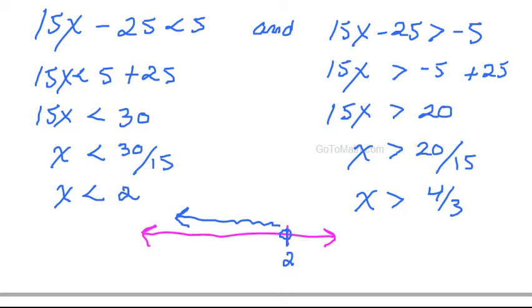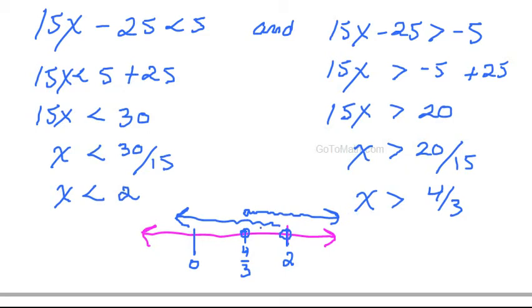Obviously, it's 1.33. Let's go ahead and just put 0 here on the number line so we know where we're at. So let's see, this would be a 1 right here. So I don't know, let's just say right here. Try to get it to scale as possible. And this is greater than, so we're going to put an open circle, and it's everything going off in this direction. Okay. But here's the deal.